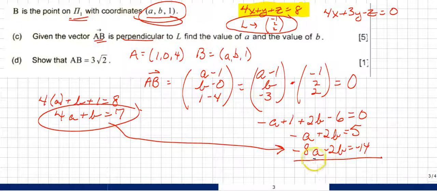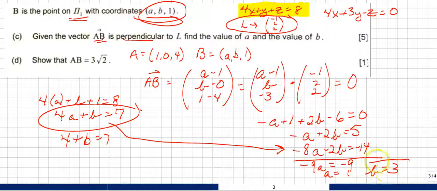Okay, let's add these two equations together and get what -9a equals. How nice. -9. I love it. a is equal to 1. All right, so a is 1. We'll just follow the arrow backwards. So 4 times 1 plus b equals 7. So it looks like b would be 3. So there is our answer. That was pretty easy, 5 marks.